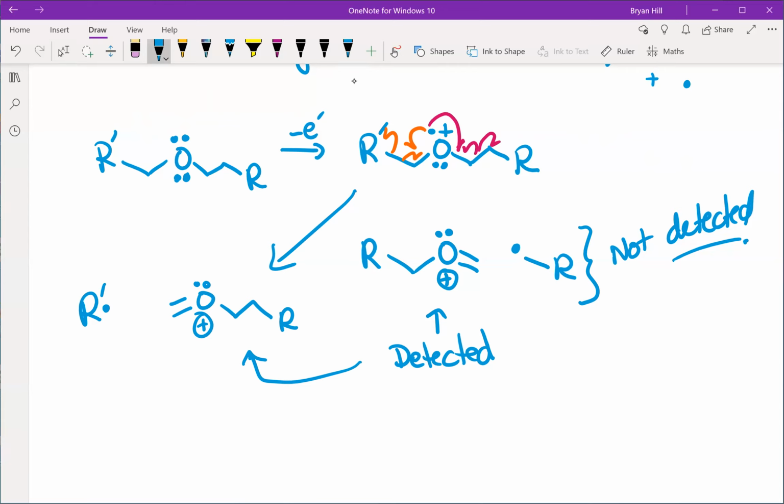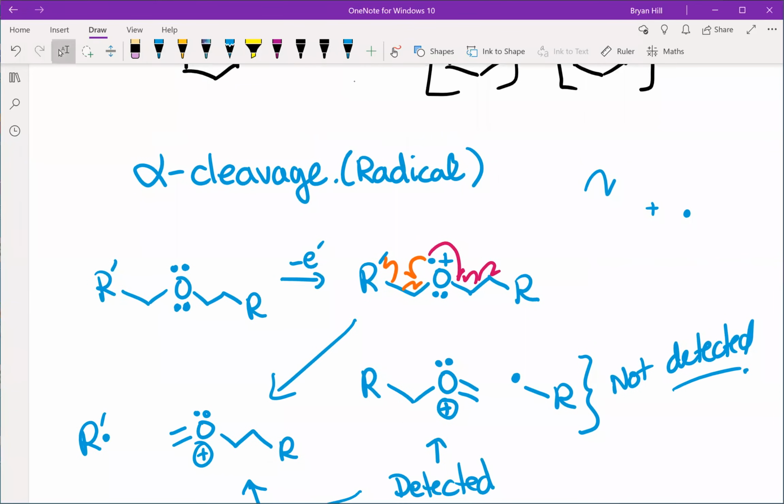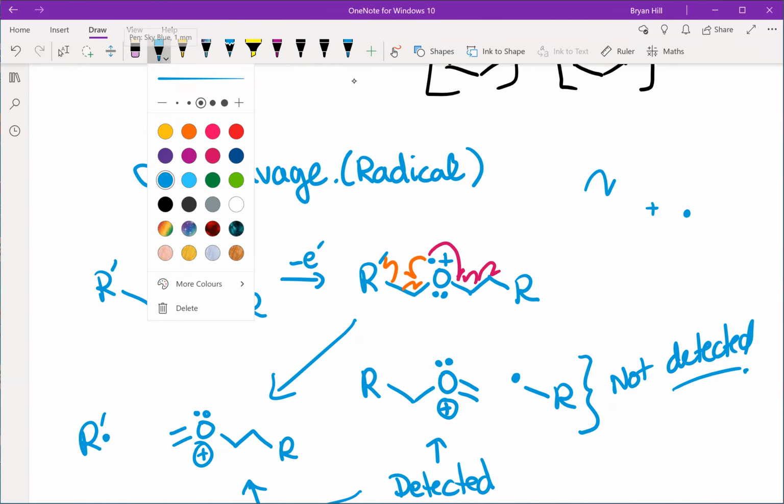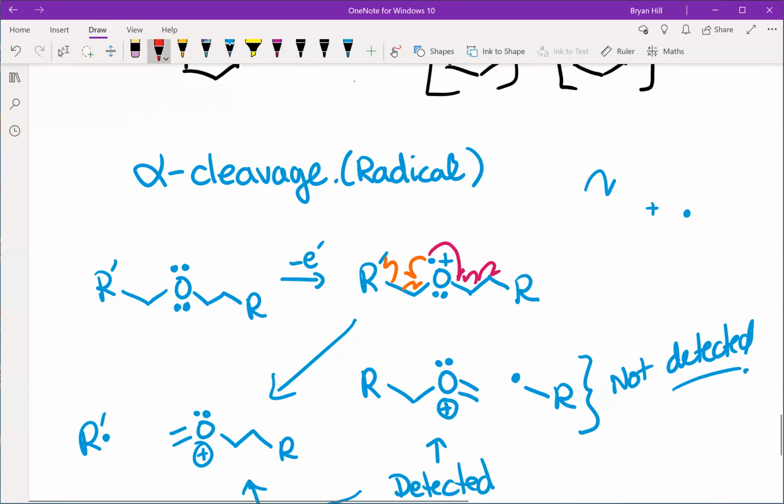So although it's kind of a misnomer calling this alpha cleavage, this carbon right here, or this carbon right here, is technically the alpha carbon.